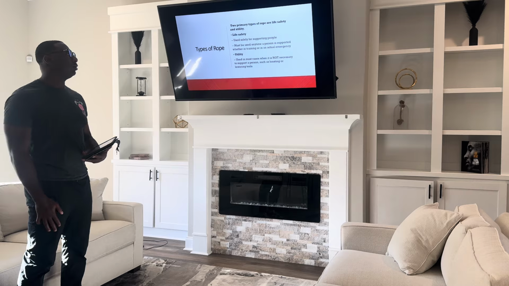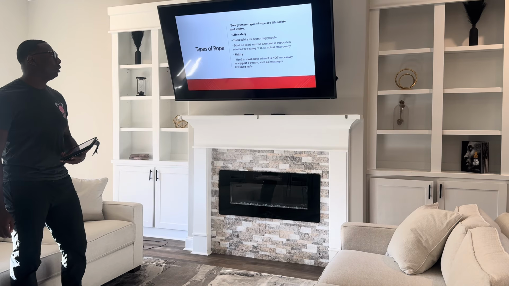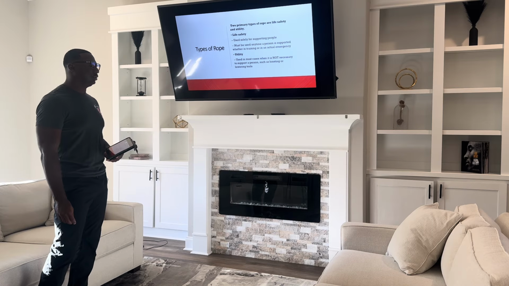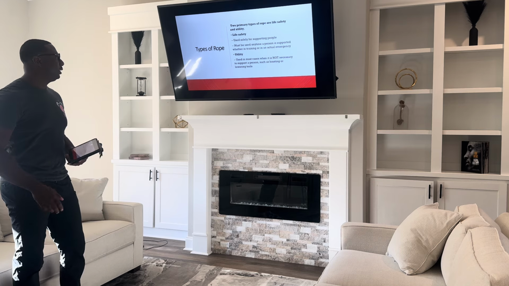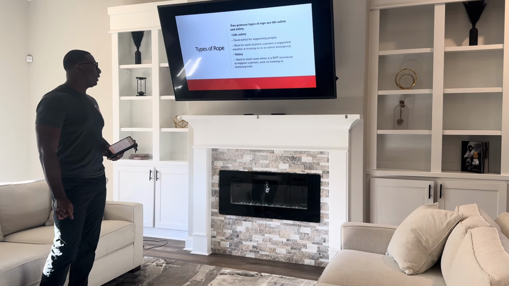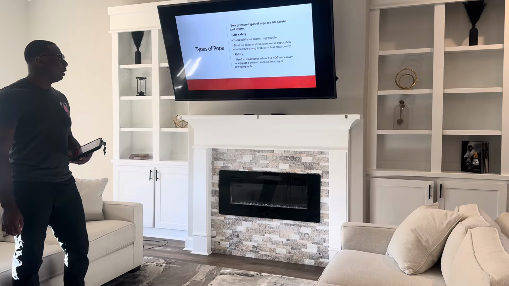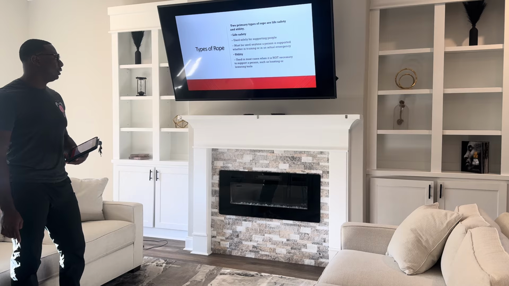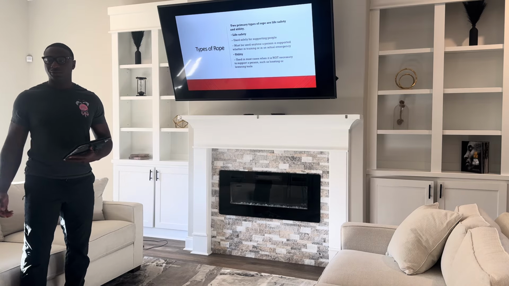Two primary types of ropes: life safety and utility. Your life safety rope is used solely for supporting people. Your life safety rope must be used anytime a person is supported, whether in training or in an actual emergency.